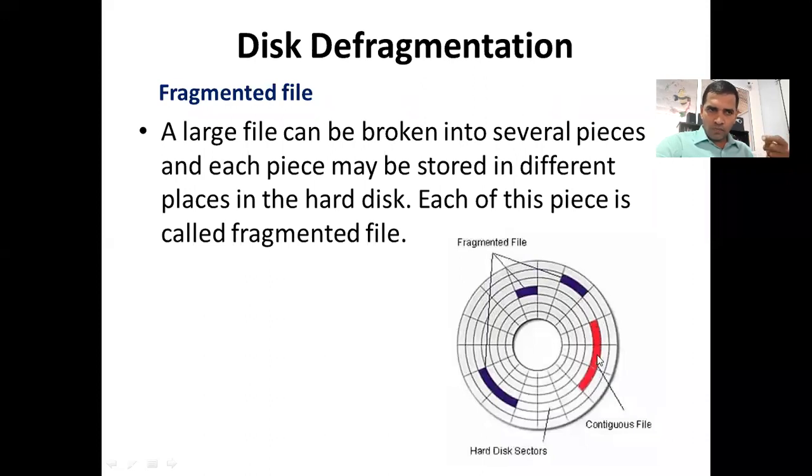It is a file with 3 pieces, all in a continuous manner. They are not scattered in different areas; they are in neighboring cells. So once you do defragmentation, your output will be this one. Try to understand, it is important.